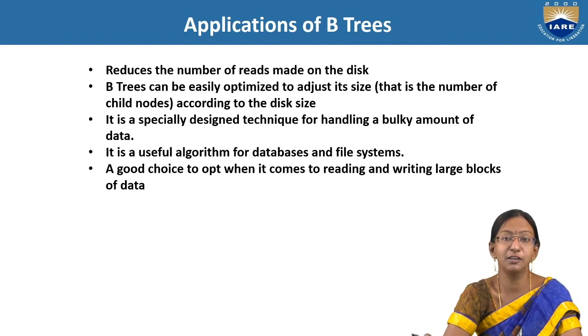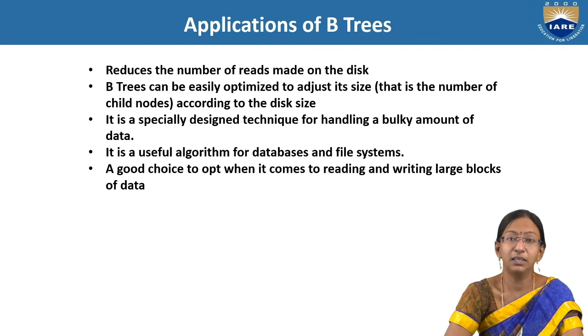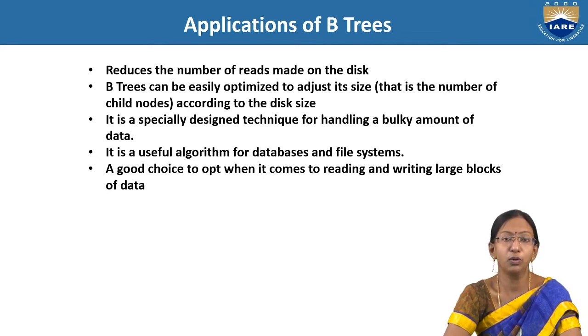As I was telling from the first point, it is used to handle huge data, databases of terabytes, like weather monitoring systems. We use B trees for reading and writing large blocks of data as well.